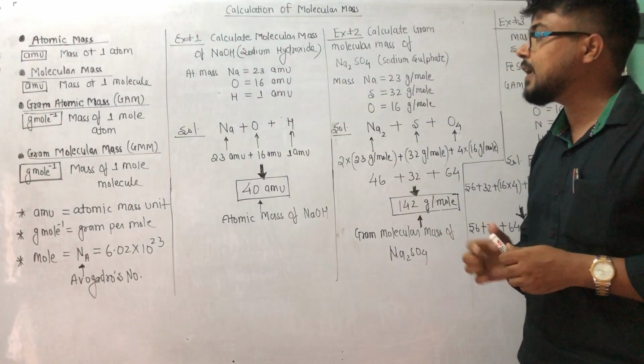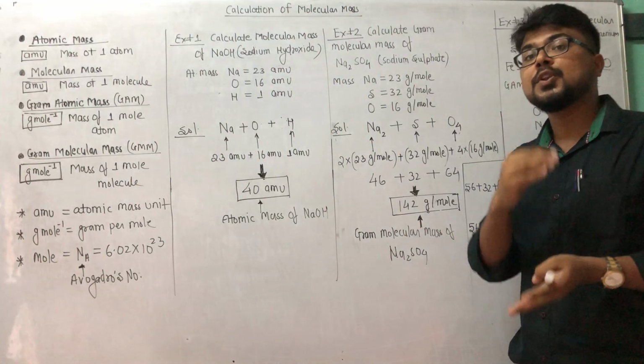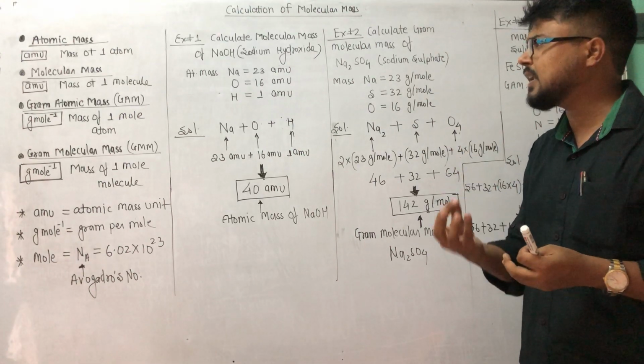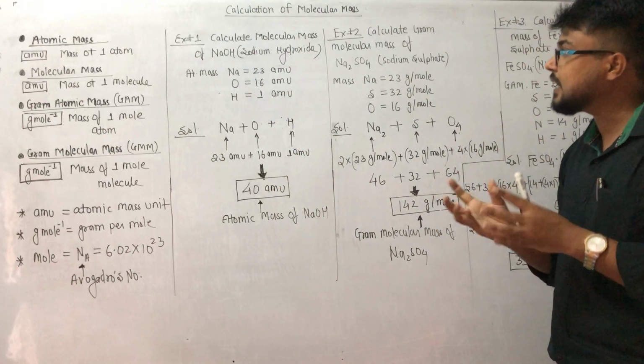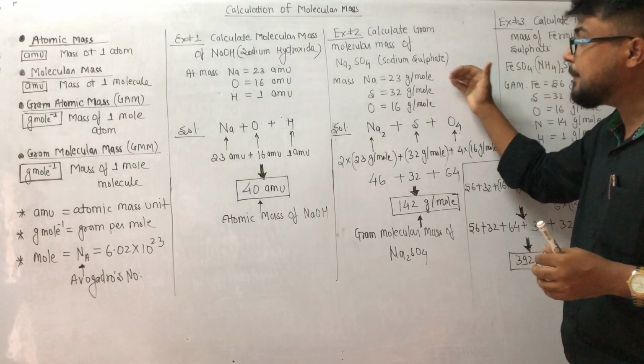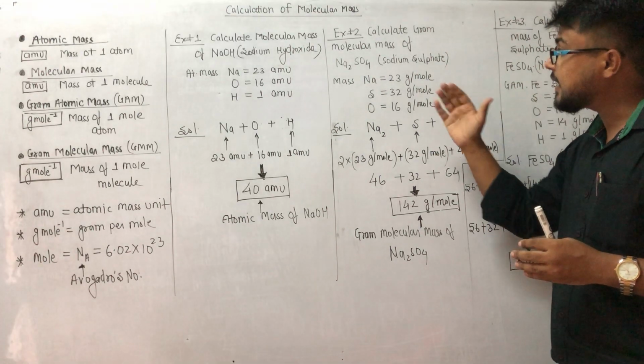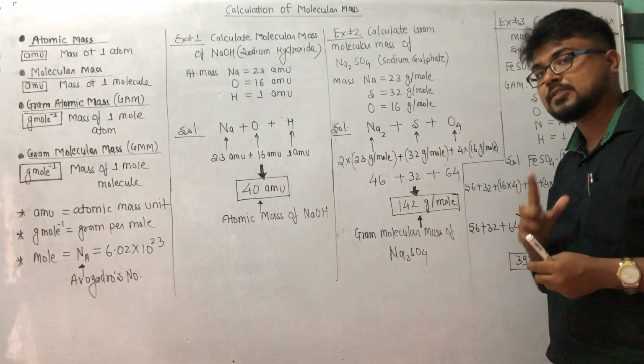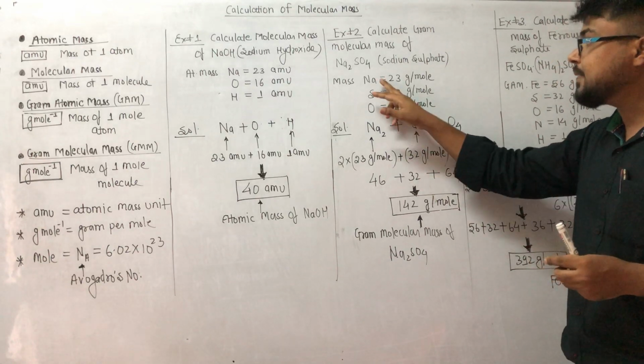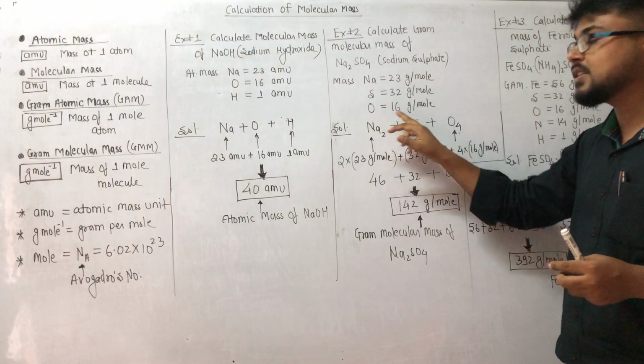Or in place of amu, he can give you unified mass, simply u. It doesn't matter whether it is u or amu. If he is providing gram per mole, in that case we calculate the gram molecular mass of that molecule. So sodium is 23, sulfur 32 and oxygen is 16.